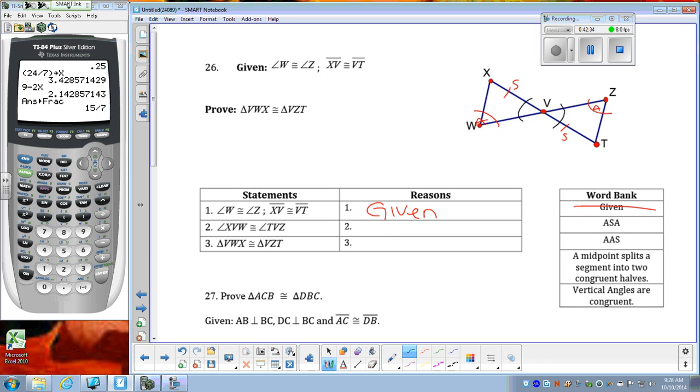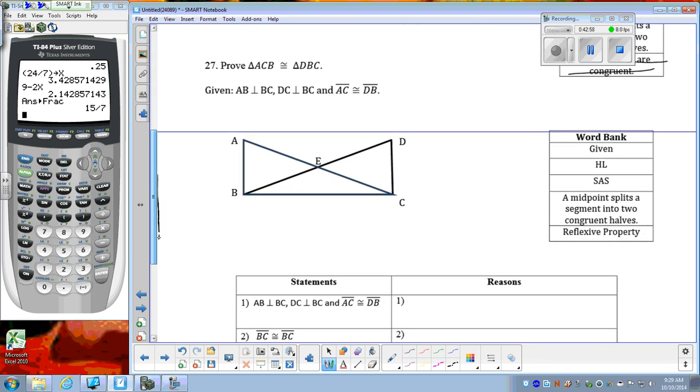Well, I know that because this is vertical angles are congruent. Now if I look at my diagram, well, I have angle, angle, side. So my 2 triangles are congruent by angle, angle, side.